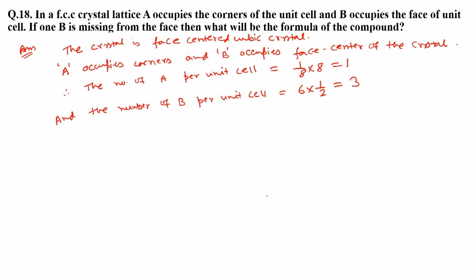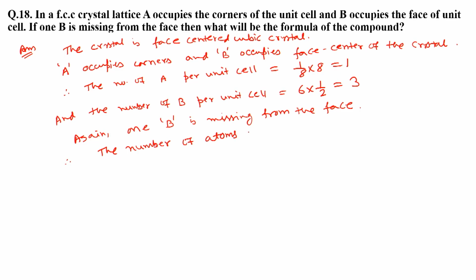Now, 1 B is missing from the face, right. Again, 1 B is missing from the face. Therefore, the number of atoms of B per unit cell is 5 times 1 by 2. So, you get 5 by 2.